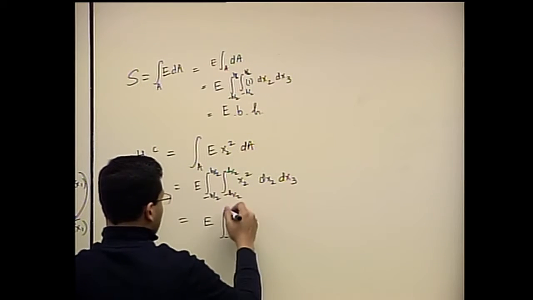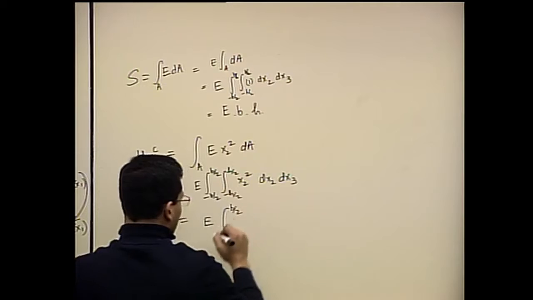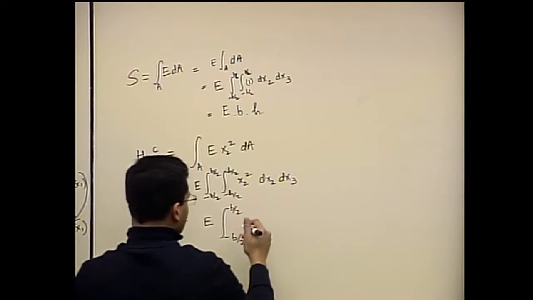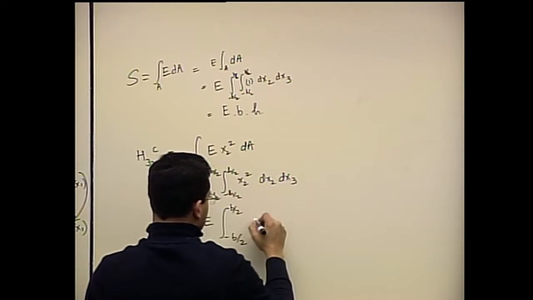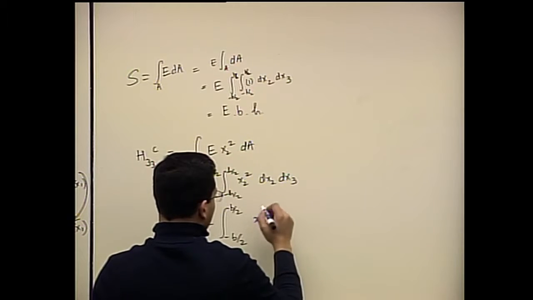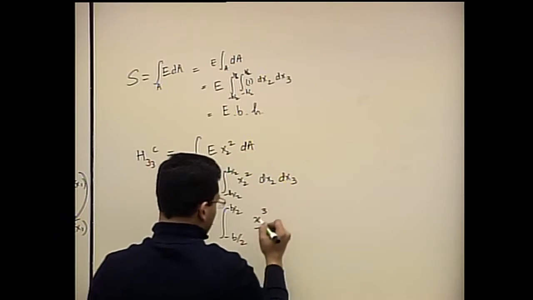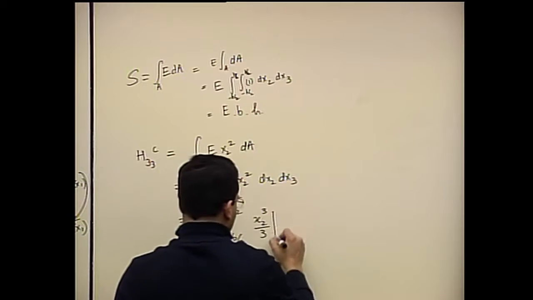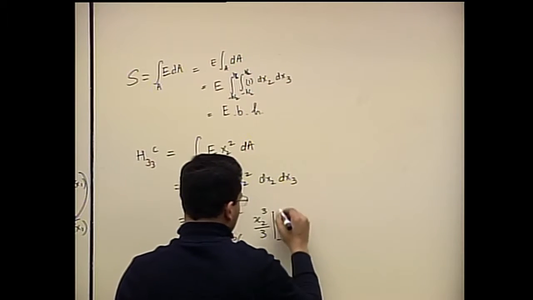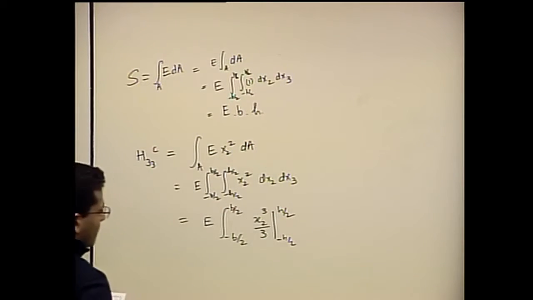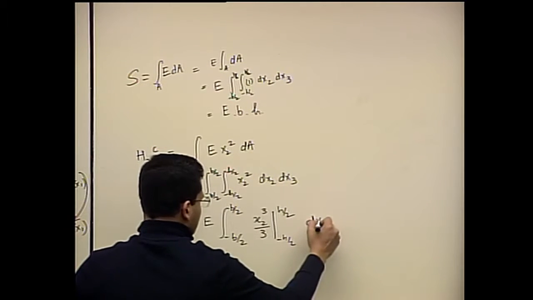So this becomes E times integration from minus b over 2 to b over 2 of x2 cube over 3, limit minus h over 2 to h over 2, times dx3.